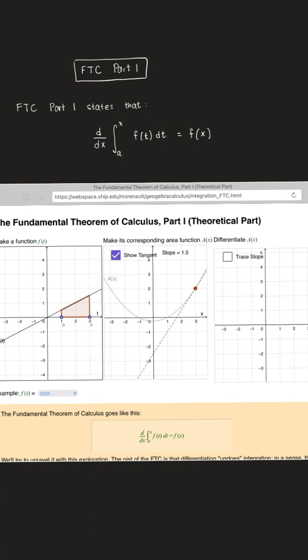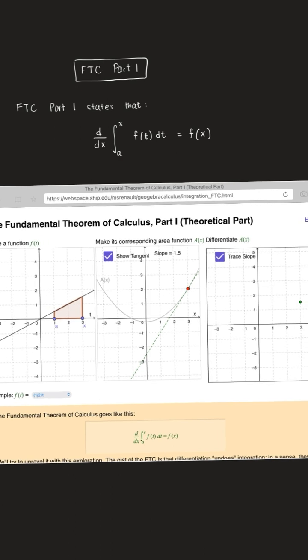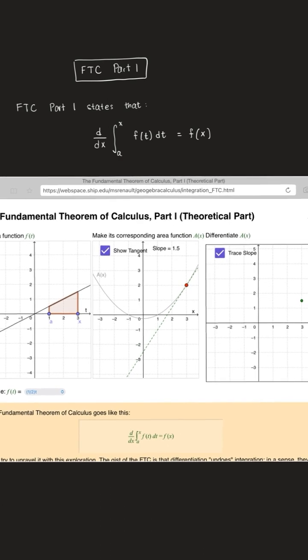In the third graph, when x is 3, we see a yellow point at the altitude of 1.5. You might not see it, so let me move it over a little bit. That represents the slope of the tangent line. One more time: when x is 3, we have accumulated area from a to 3.